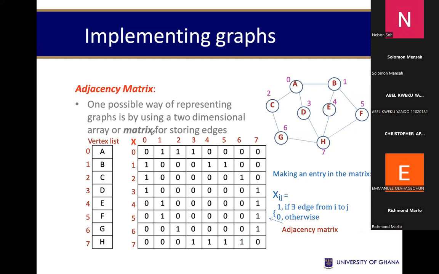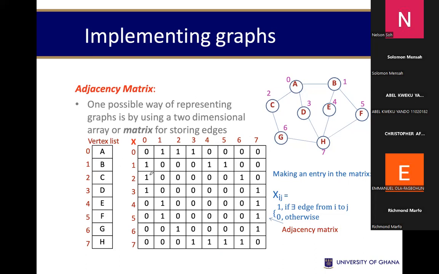This A is going to be modeled as 0, this B as 1, this C as 2, all the way to the last value here. Then for you to get this, all we need to do is get the adjacency matrix.